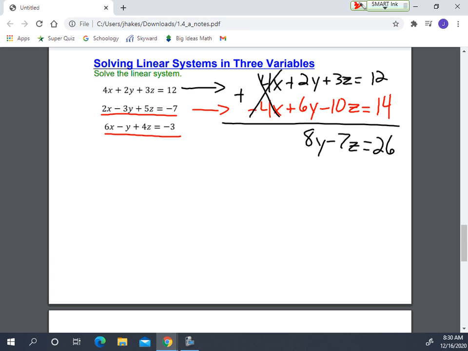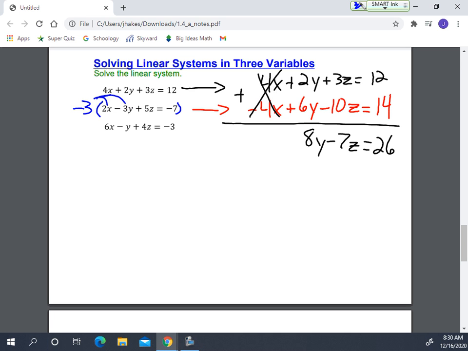I have to get rid of x, so I have to look right here. How would I get that middle equation to 6x? Specifically, we want negative 6x, an opposite. I'd multiply this equation by negative 3, because negative 3 times 2x is a negative 6x, and that'll get rid of my x's.